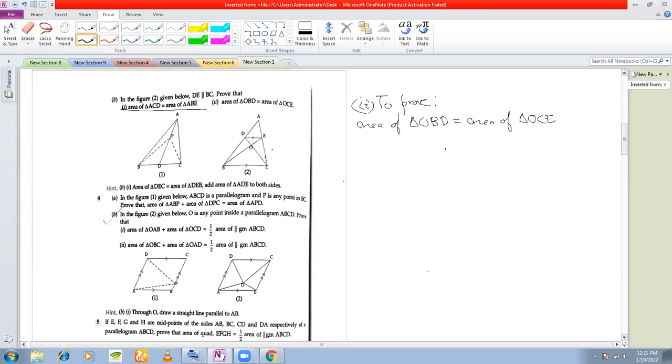So we have area of triangle DBE is equal to area of triangle DCE, as we had done in the first one, right? Because they are on the same base.